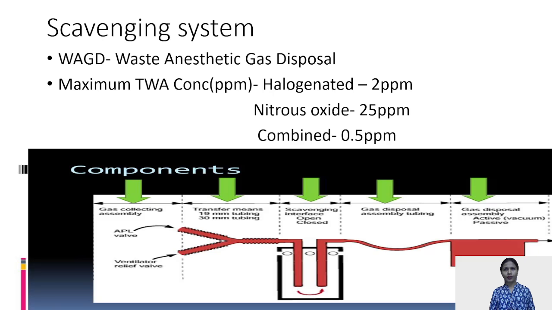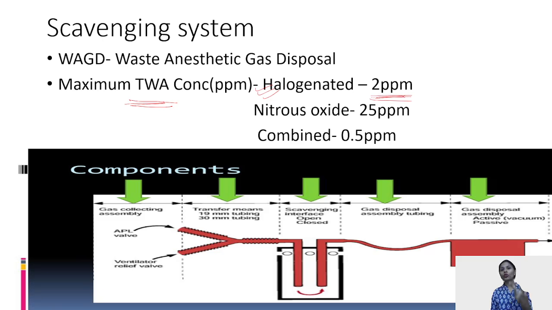And by standards, when we talk about the time weighted, this TW is time weighted, because according to the norms, it is said that if an anesthetist is present in the OT, he has to be present only for 8 hours. Keeping in consideration that the person is in the OT for 8 hours, the maximum allowable halogenated inhalational agents that can be present in the OT atmosphere or in the air are only 2 ppm.